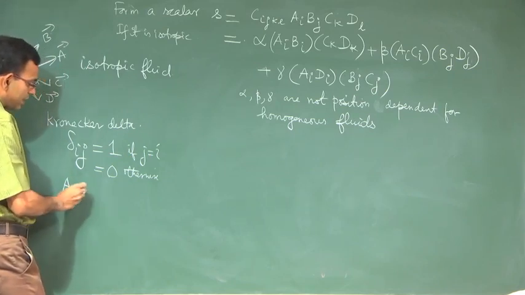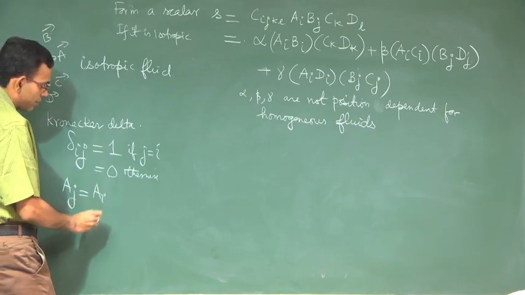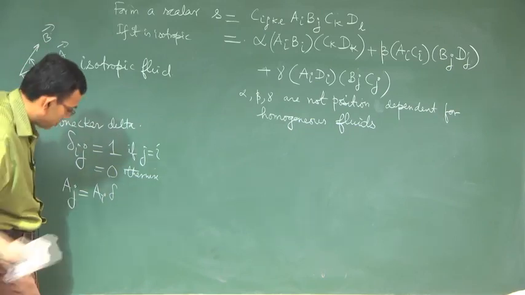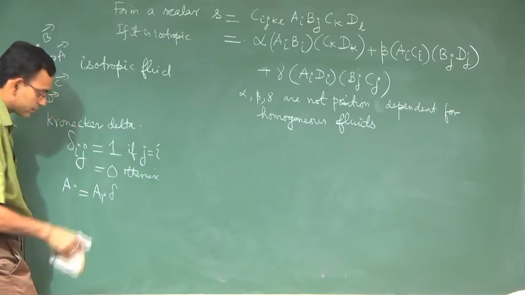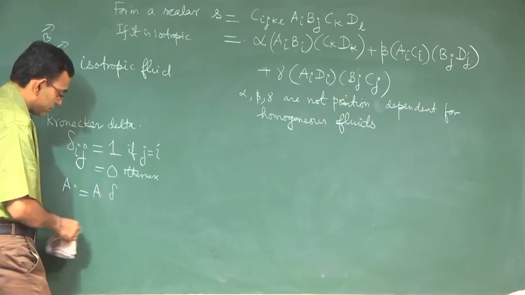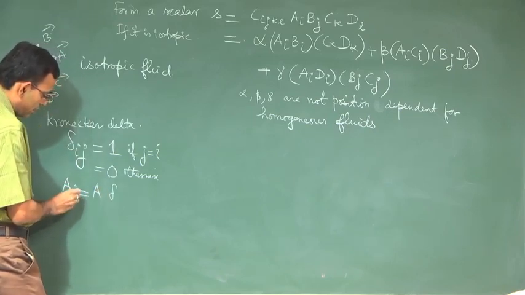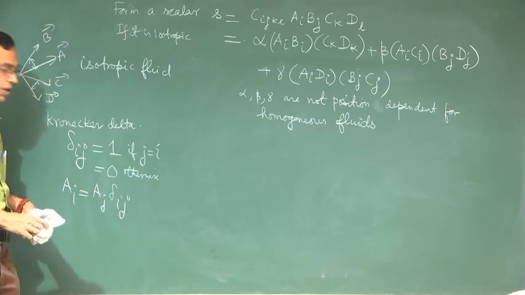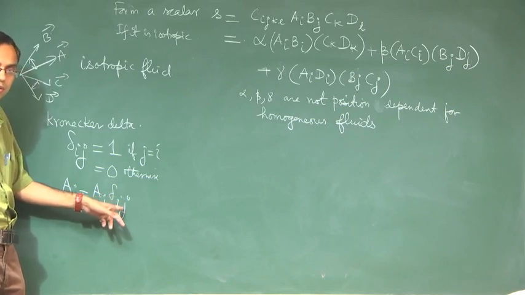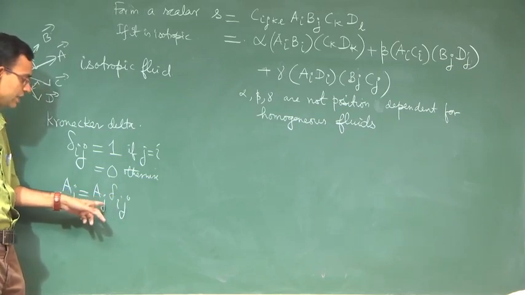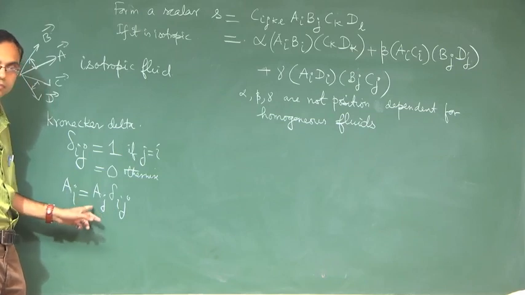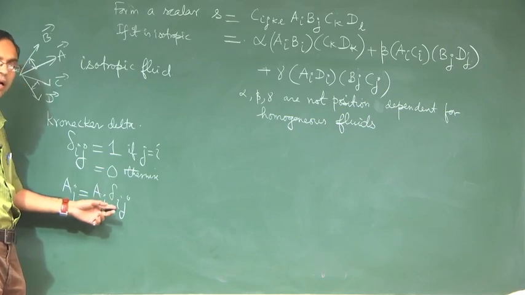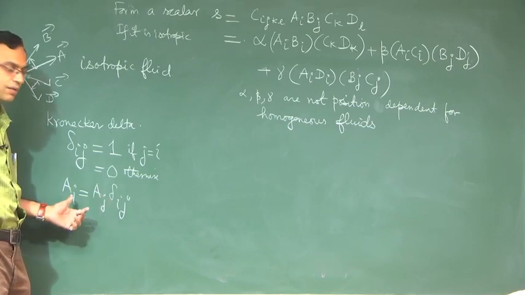So you can write, for example, Ai is equal to Aj into delta ij, because delta ij is 1 only when j is equal to i. So when j is equal to i, this j will become i. So you can switch from i to j, or from j to i, by multiplying with this.